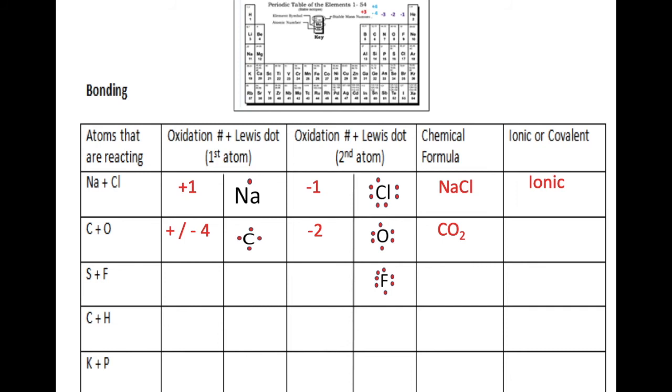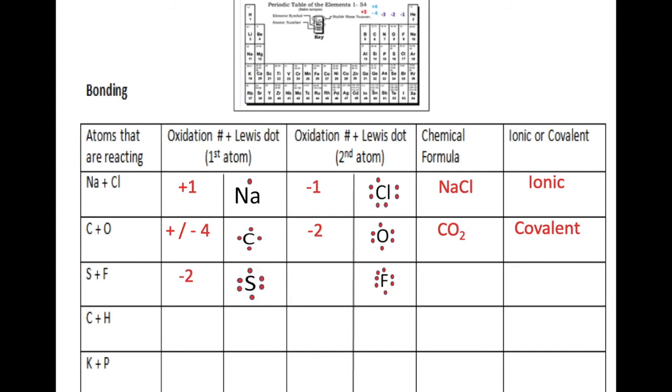If you have 2 oxygens, you'll have enough electrons to go around. This is a covalent bond because carbon and oxygen are so close to each other on the periodic table, they have similar atomic sizes, similar ionization numbers. This means that they're going to share their electrons.